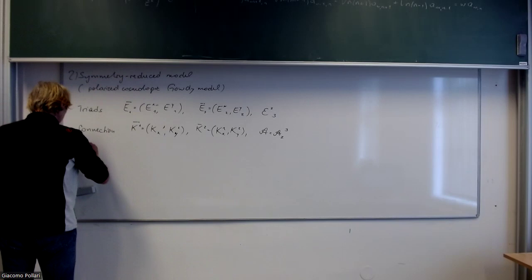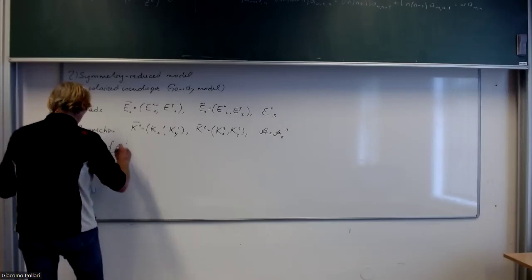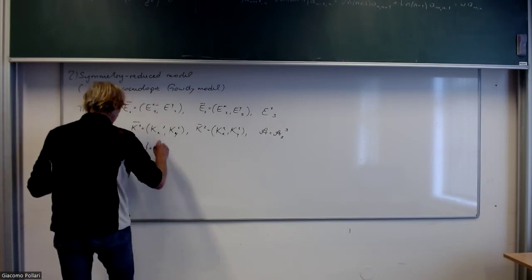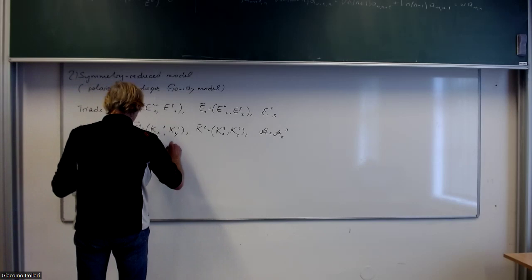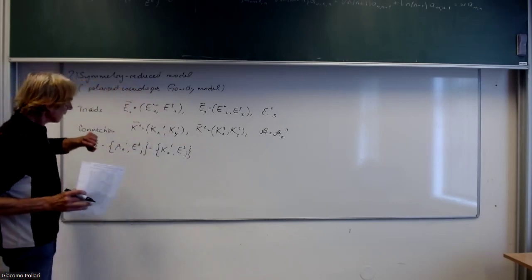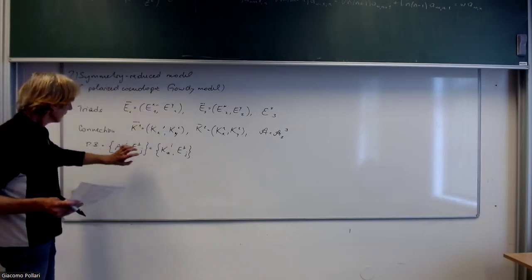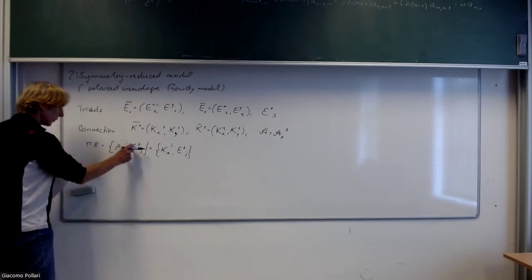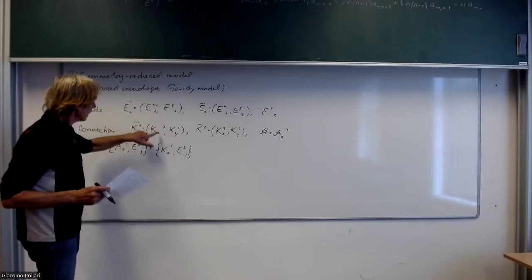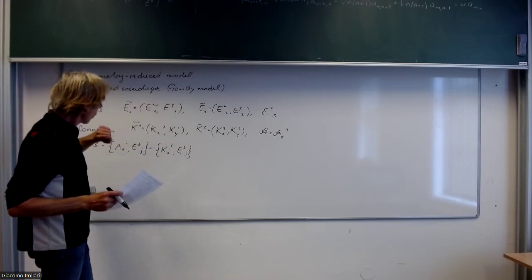And now, of course, the Poisson brackets {A_i^a, E^j_b} equal {K_i^a, E^j_b}, because the spin connection can be formulated in terms of the E's. So it has zero Poisson bracket with E.